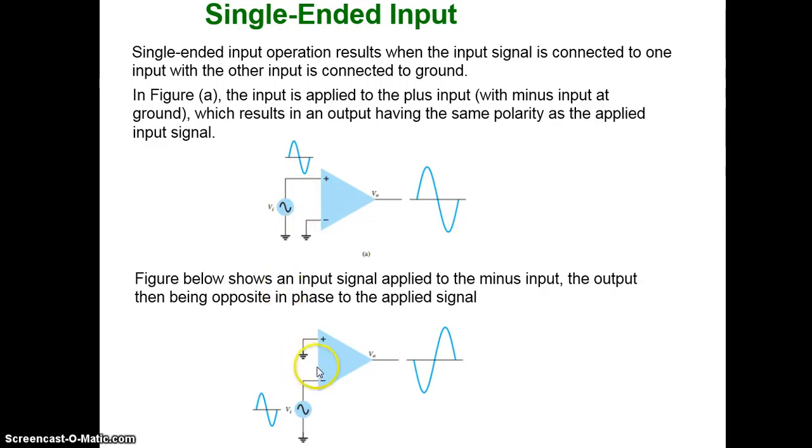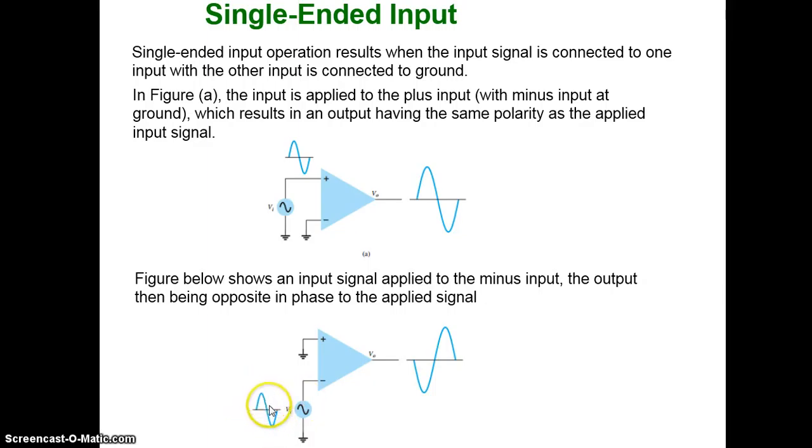Now suppose, see the next figure, this one. Here the plus is grounded. That means the non-inverting terminal you are connecting to ground. To the inverting terminal you have connected a sine wave. Since you connected the input to the inverting terminal, your output, of course, will be amplified, but you see the phase is shifted.